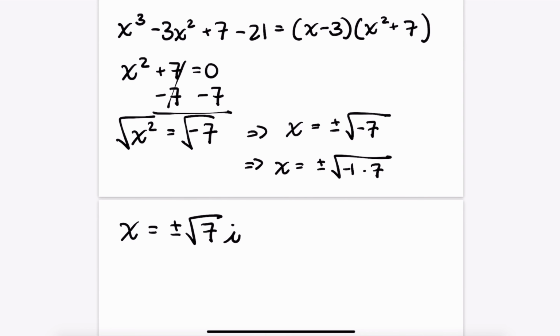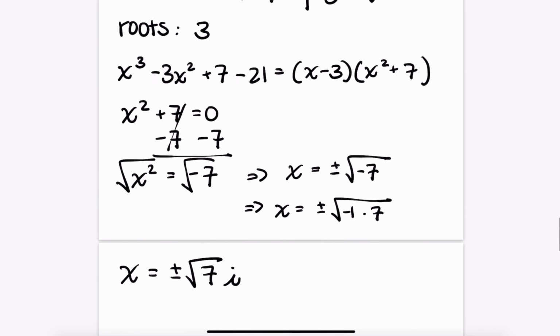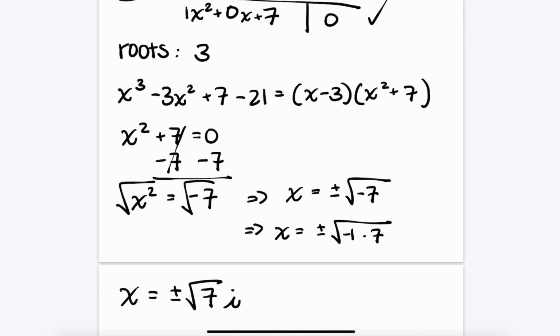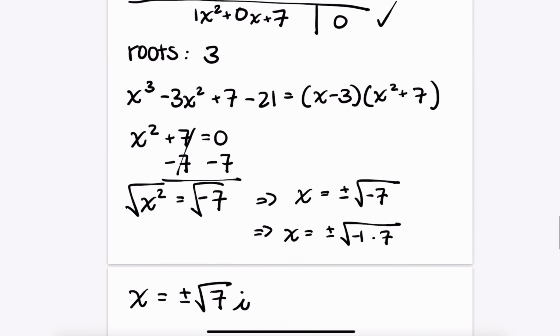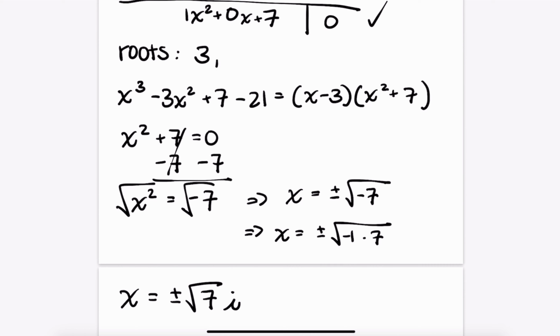The plus or minus means we essentially have two solutions for x, the positive one and the negative one. So those are our final two roots. Since this is a cubic function, we have 3 roots: 3, positive root 7i and negative root 7i. So those would be your 3 answers.